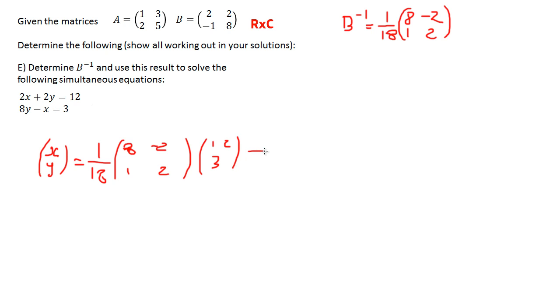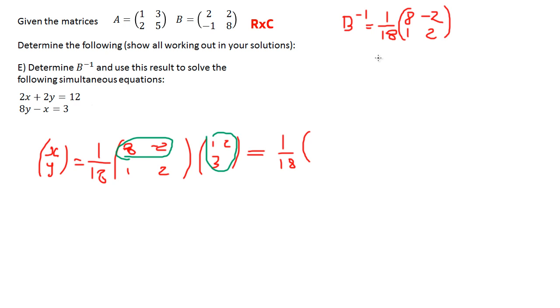So how are we going to do this? Well, the first thing we're going to do is put 1 over 18 on this side, and we open a matrix. Now this matrix is the multiplication of these two together. So we do row times column, and this will give us just a one column matrix.